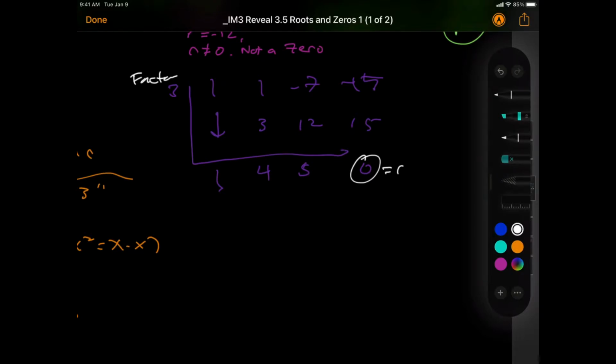Okay? Now, to keep going, remember this is x minus 3. That is a factor, and x equals 3 is a 0. Okay? Now, what do those coefficients mean? So, starting from the 0, you know that one is the remainder here on the far right. Then this one is the constant.